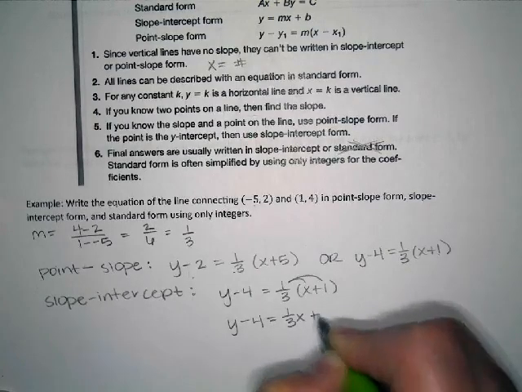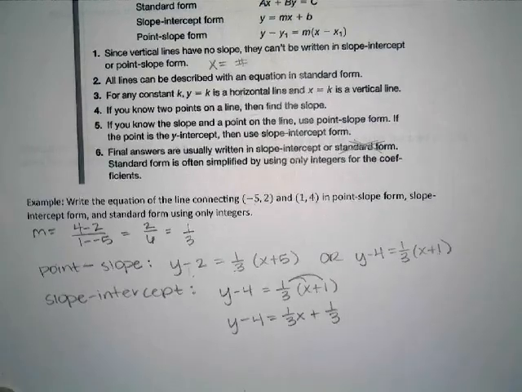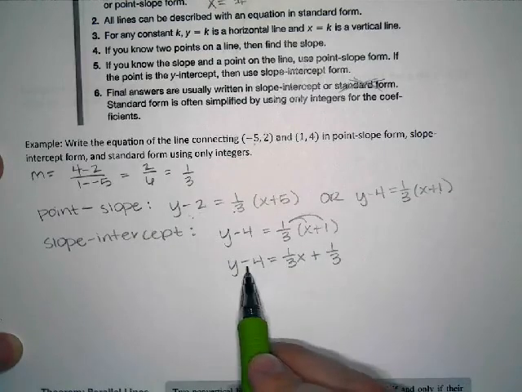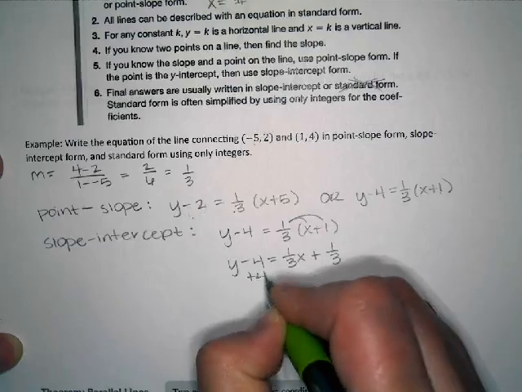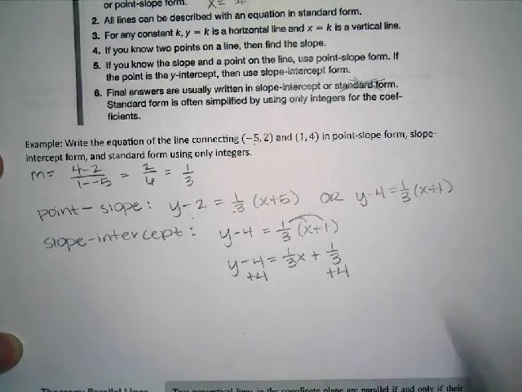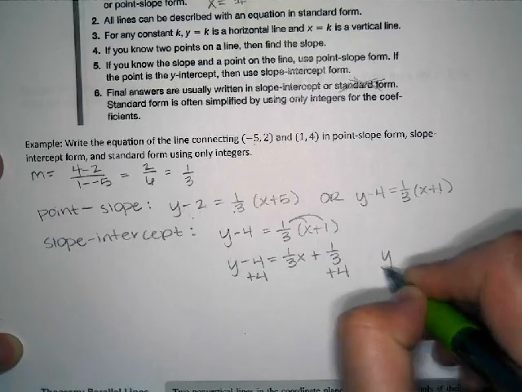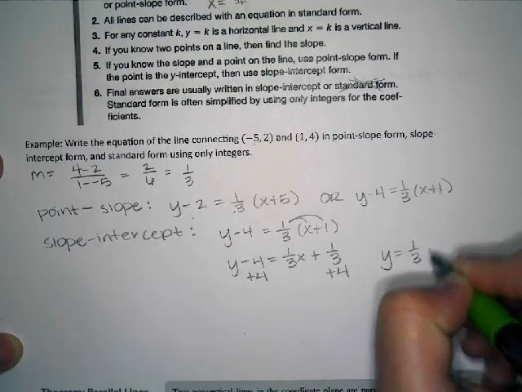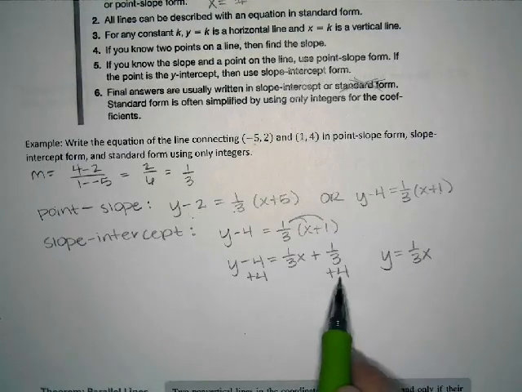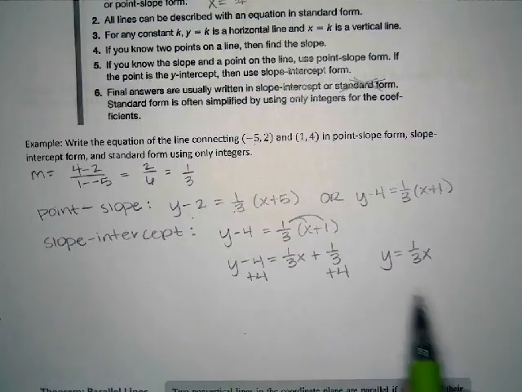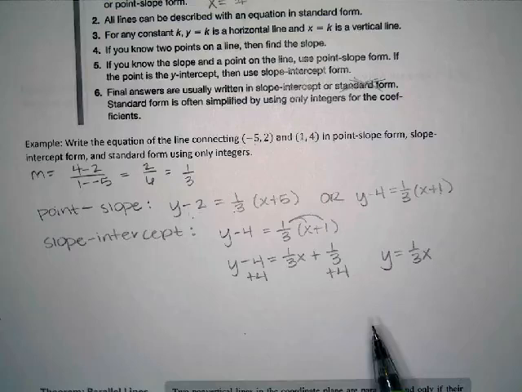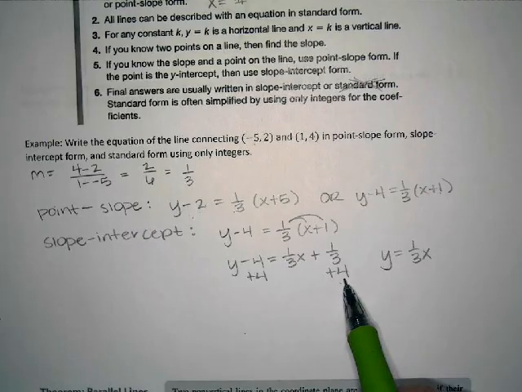And then I can add the 4. So I have y equals 1/3 x, and then 4 plus 1/3. How many thirds is 4? What number divided by 3 is 4? That's 12 thirds. 12 thirds and 1/3 is 13 thirds.